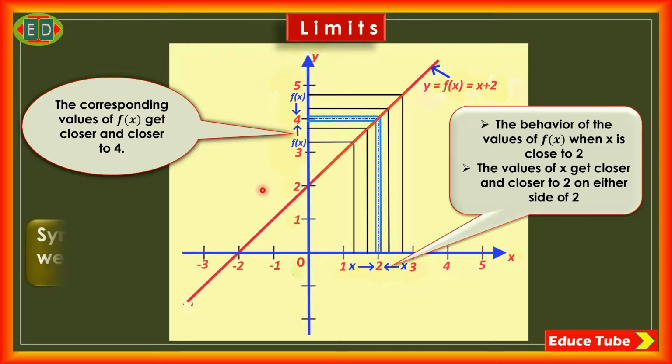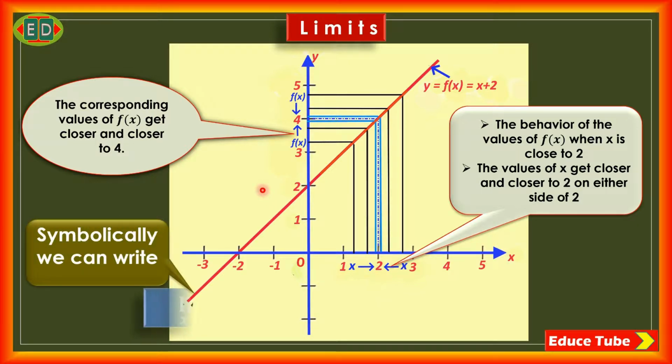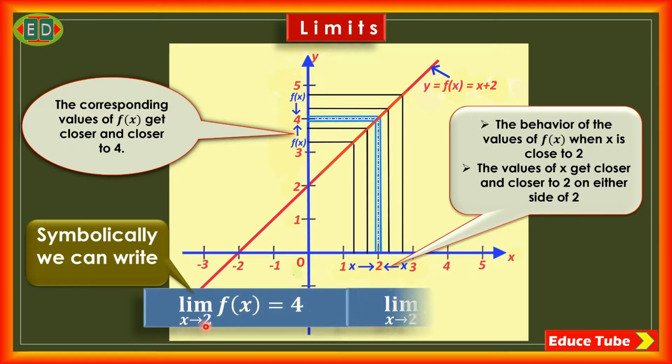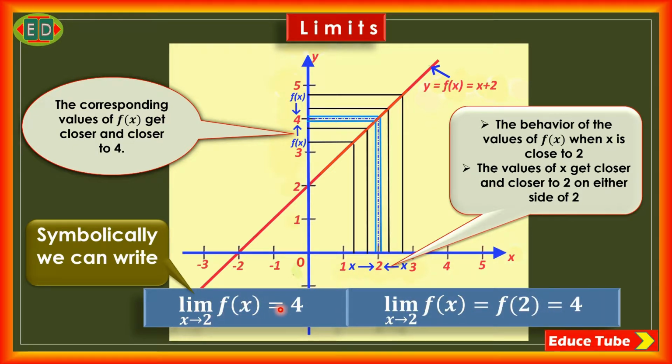Symbolically, we can write it like this: the limit of function of x as x approaches 2 is equal to 4.